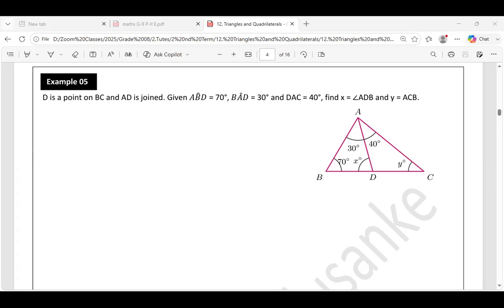I don't know whether it is correct or not, but let's see. Bharat, can you please take your answer? I am seeing something different here.